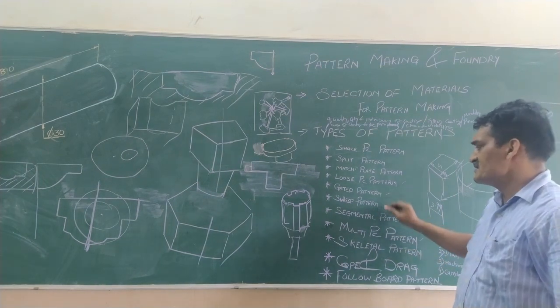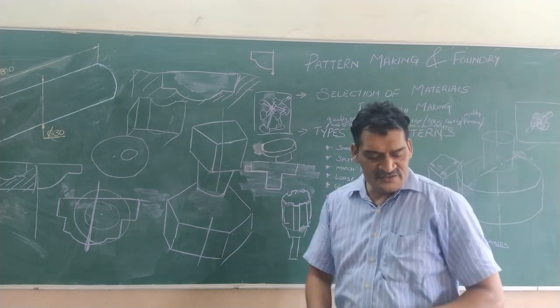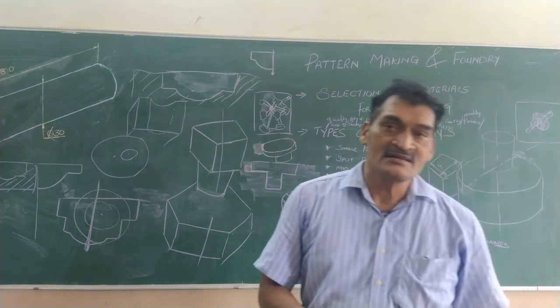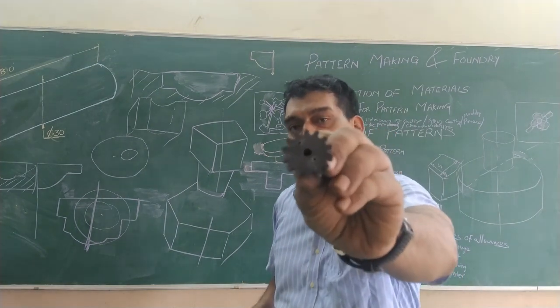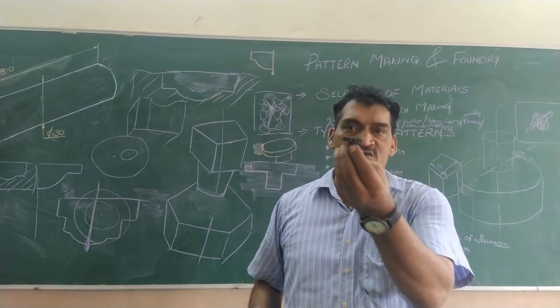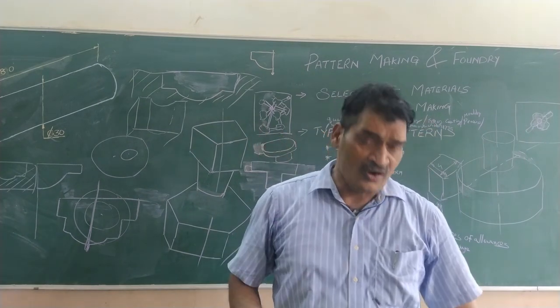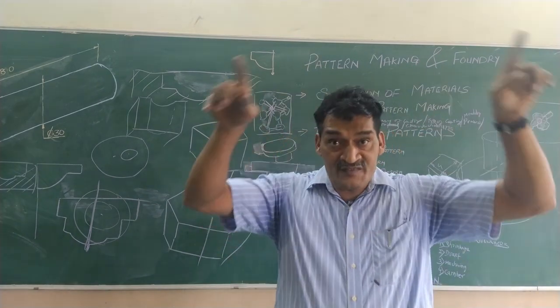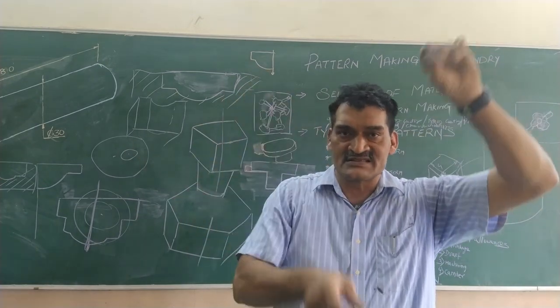Okay, after sweep pattern, the next is segmental pattern. If you see gears like this, or now this is a small one, so you can make it a single piece pattern. Let's say you have a large gear, or let's say you have a wheel just like that with spokes.